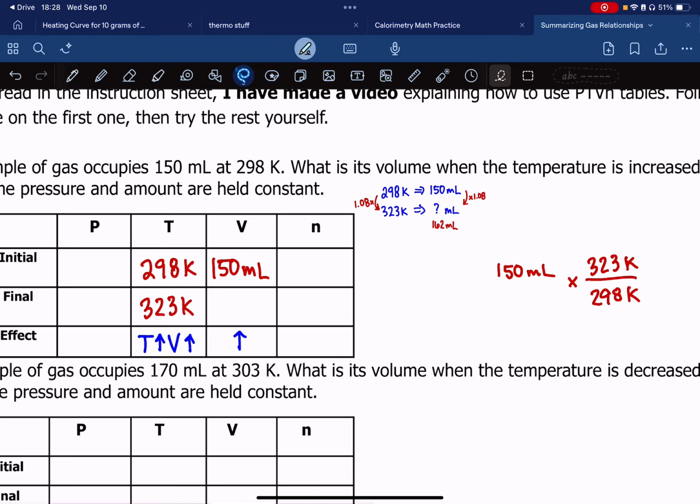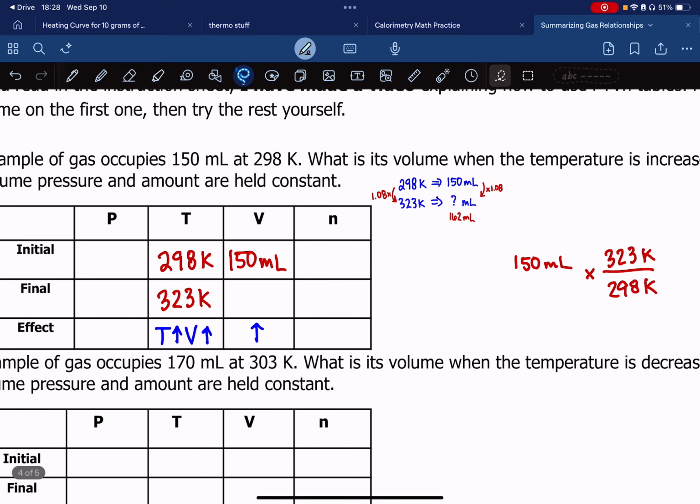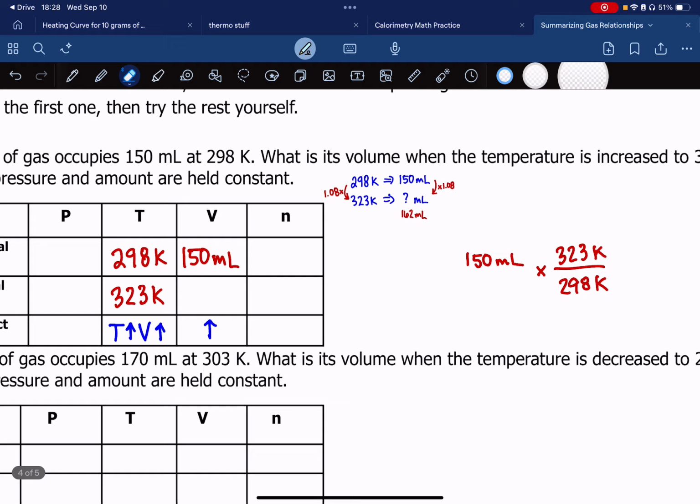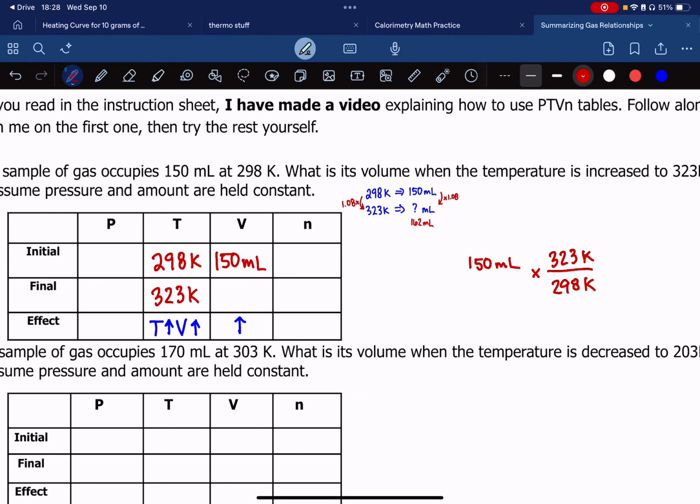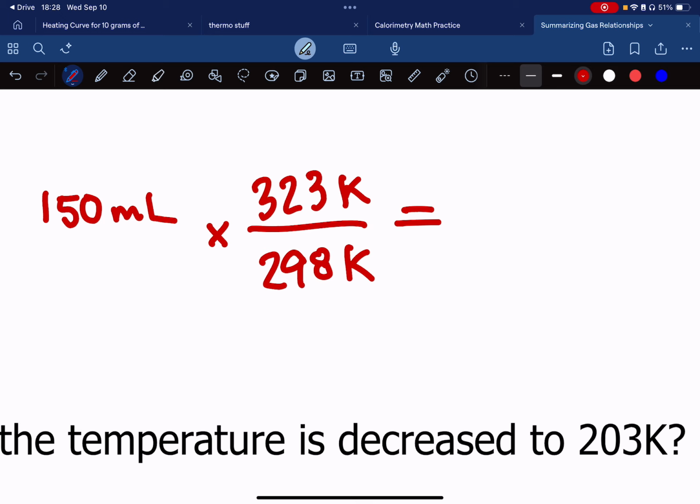So in this case, I'm going to multiply it by a ratio of my temperatures. My temperatures are 298 and 323. So we're just going to put 323 over 298, multiply by a ratio of the thing that's changing, and then you just punch that in your calculator. You can go 150 times 323 divided by 298, and that will give you the same answer, of course, of 162 milliliters. So you are free to show your work like this from now on.